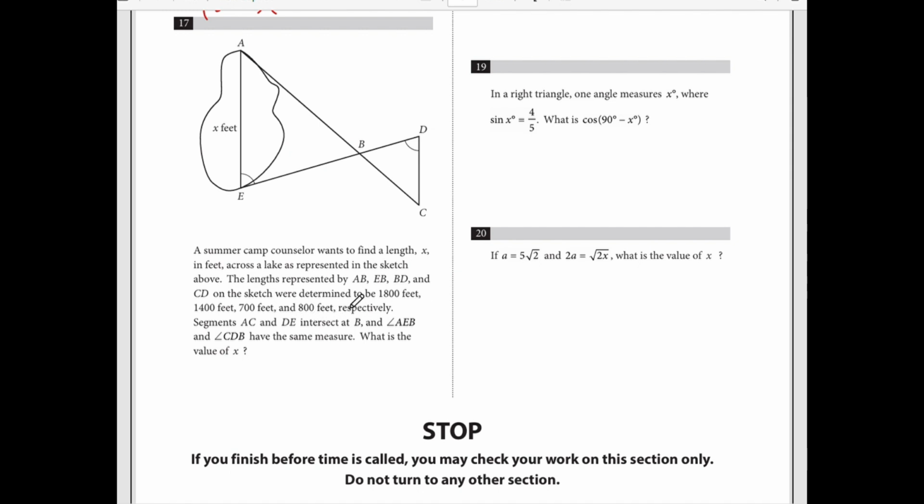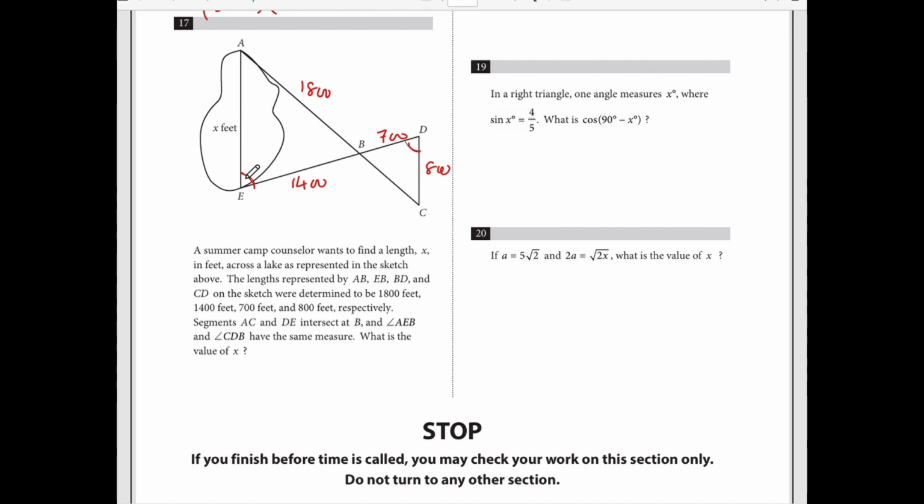Here AB is 1800, EB is 1400, BD is 700 and CD is 800. Also they have mentioned that angle AEB is equal to angle CBD. This is equal to this.